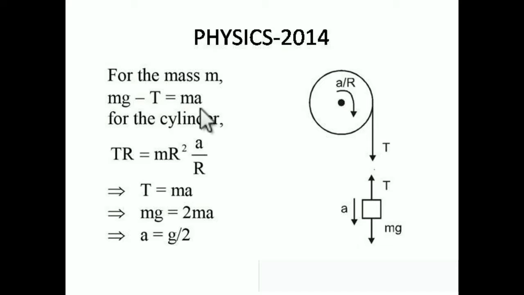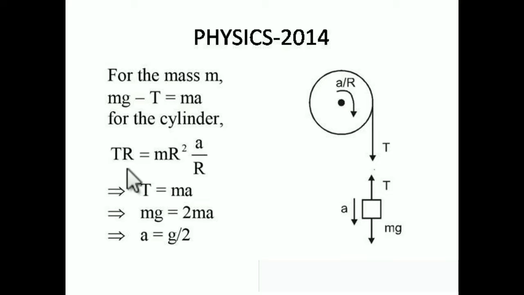Now for the cylinder, in this type of question we have to make a linear equation for the mass, and the second one is the angular equation, the torque equation. Torque is equal to force into radius. The force here is T, the radius is R. Torque is equal to force into radius, and also torque is equal to I into alpha.